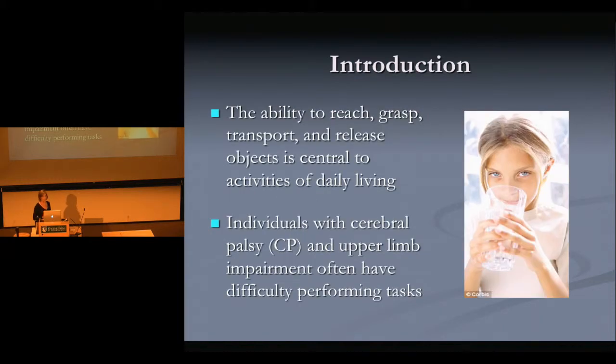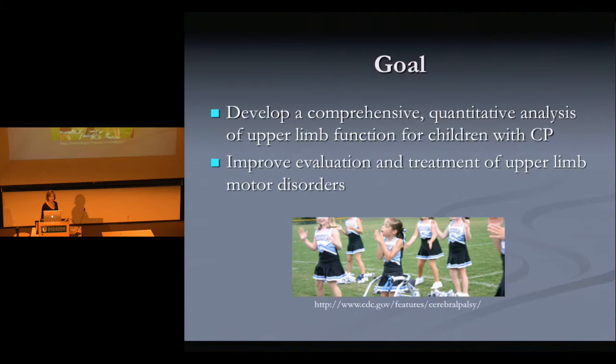So by way of introduction to the research question, let me just point out the obvious. The ability to reach, grasp, transport, and release objects is central to activities of daily living, such as eating, drinking, personal hygiene. However, children with cerebral palsy and upper limb disorders often have difficulty performing these seemingly simple tasks.